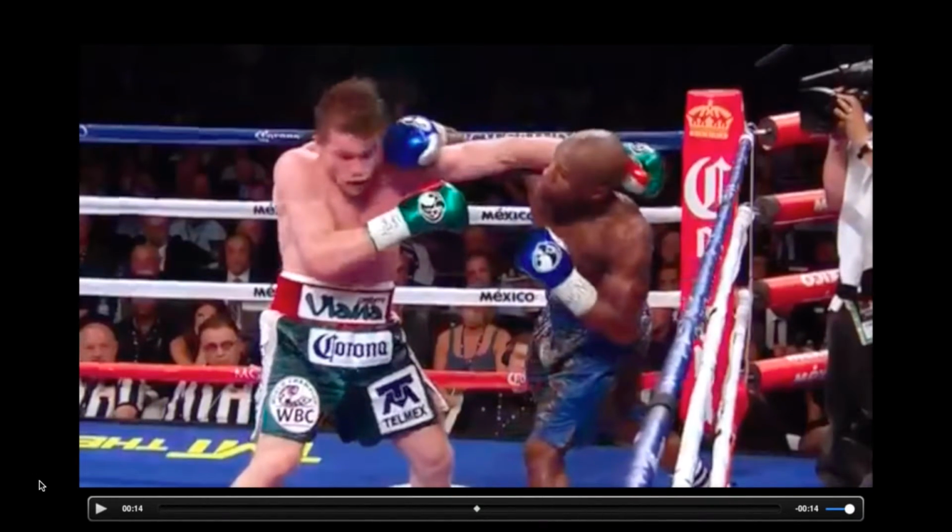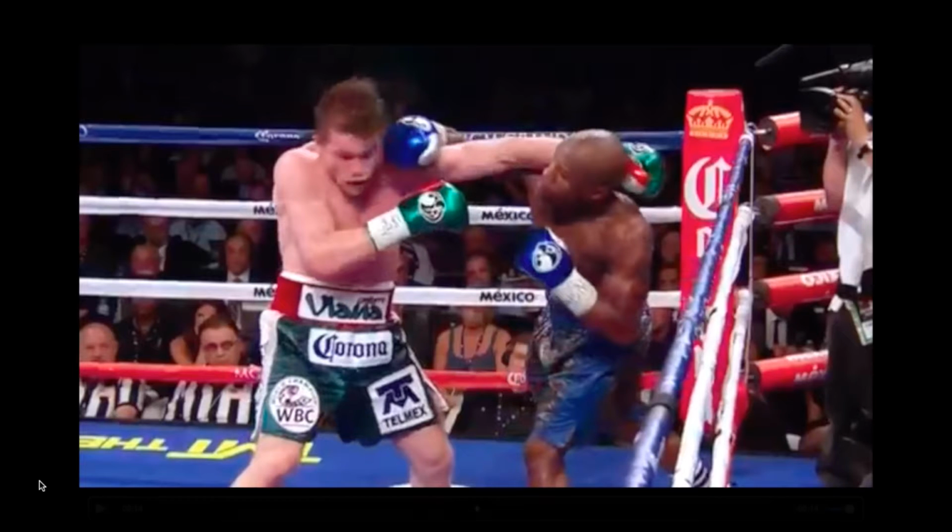Here we can see how Floyd has, again, thrown the right hand slightly technically different than is prescribed in the boxing textbooks, so to say. Instead of having his shoulder close next to his chin, he's actually created space between his chin and the right shoulder to allow Canelo's punch to pass through.